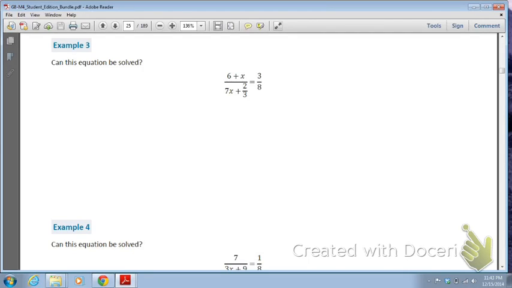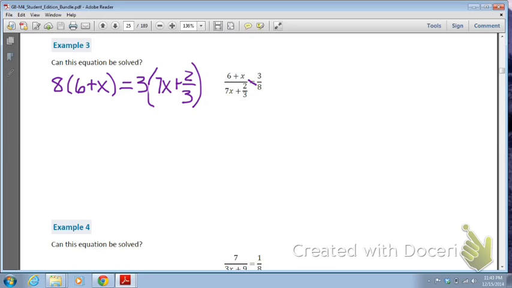So we would have 8 times 6 plus x, taking the cross product that way, is equal to 3 times 7x plus 2/3. Okay, so that gives us a new equation that's equivalent to that original one.